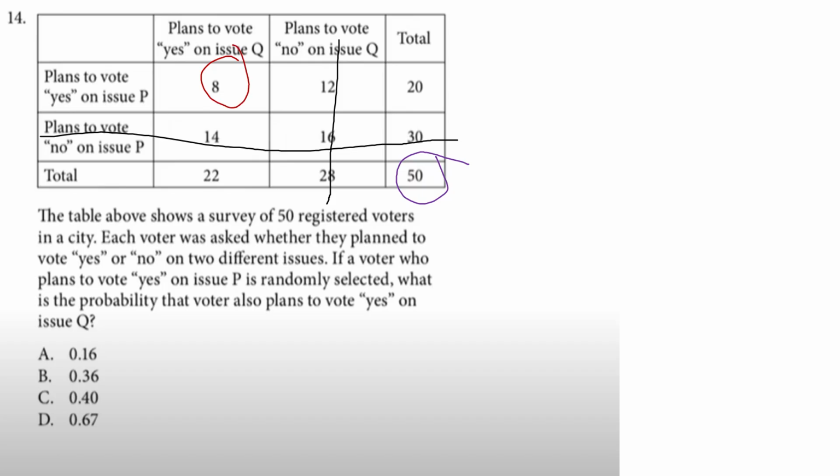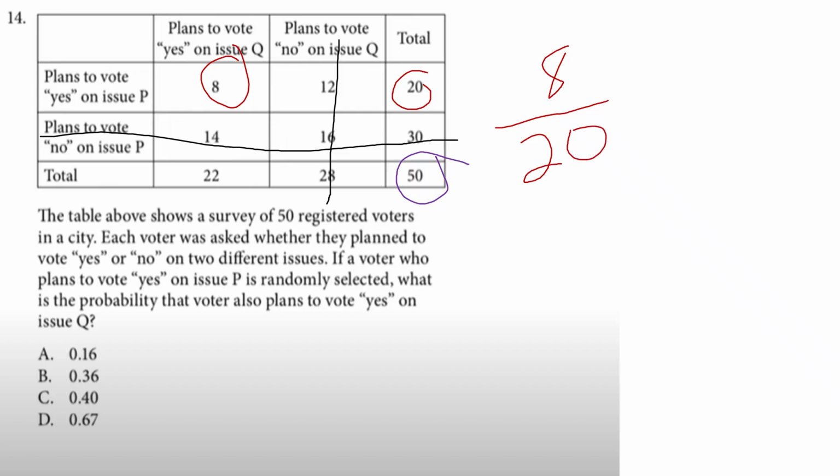But out of the whole amount of people that voted yes on P, there's a total of 20 that voted yes on P. But it's asking us yes on P and yes on Q. So that's why we're going to do 8 at the top, because that's how many voted yes on Q and P. But the total amount of people that voted yes on P is 20. So that's how we get 8 over 20.